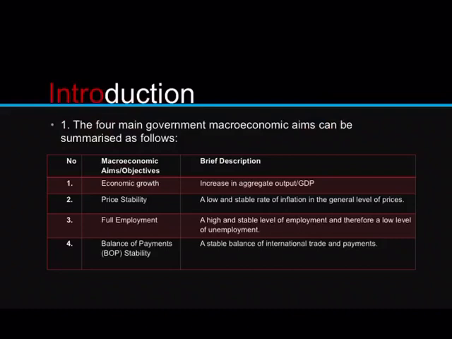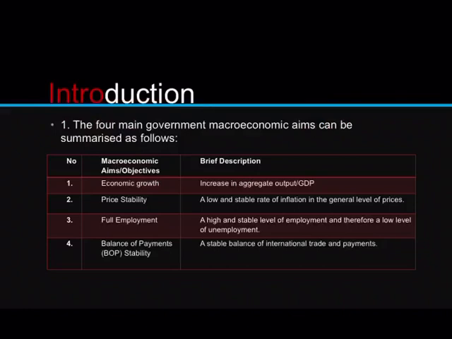The term economic growth usually refers to an increase in the income of a country, and for that we usually use the indicator GDP. In the last lesson we discussed GDP, the real GDP. So if anyone asks you to define economic growth, the description is an increase in the aggregate output, or an increase in the real GDP of a country.